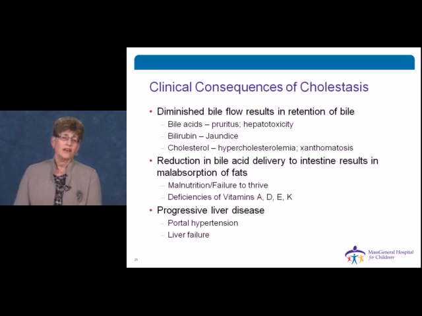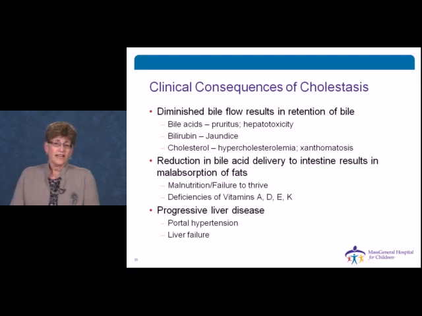And that may not be evident early on in the neonatal period, but becomes evident as time goes on. Bilirubin obviously causes jaundice, and that's the most obvious thing we see. And along with that, as the bile doesn't pass through easily, cholesterol is retained, and there's hypercholesterolemia, and ultimately you may see xanthomatosis. And again, this may not be evident in the early neonates.